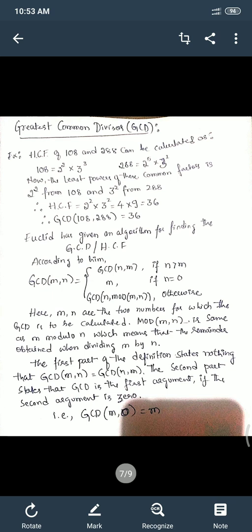GCD of m comma n equals m if n equals 0. Otherwise, GCD of m comma n equals GCD of n comma mod of m n, calling the GCD recursively. Here m and n are the two numbers for which the GCD is to be calculated. Mod of m comma n is the same as m modulo n, which means the remainder obtained when dividing m by n.